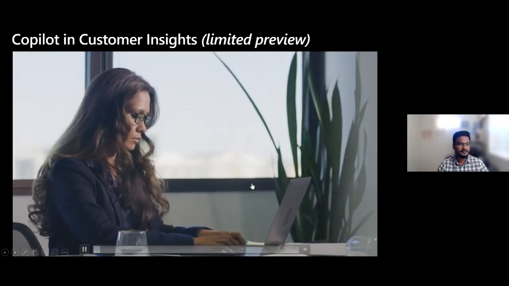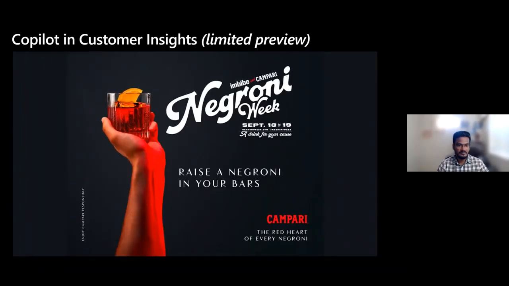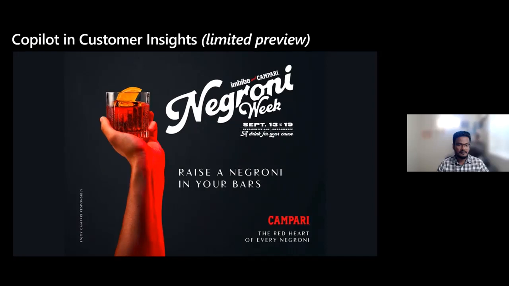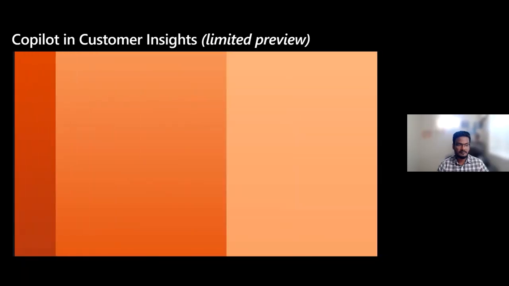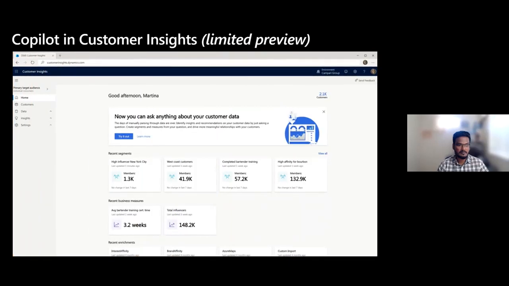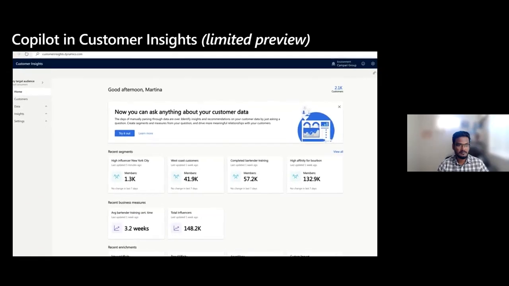Martina is a marketer at Campari Group, a worldwide leader in the spirits industry. Campari Group is looking to increase awareness of Negroni Week, an event that celebrates one of the world's greatest cocktails and raises money for global charitable causes. Using Microsoft Dynamics 365 Customer Insights, Martina can review unified customer data to target the best region for an email campaign to promote the event.